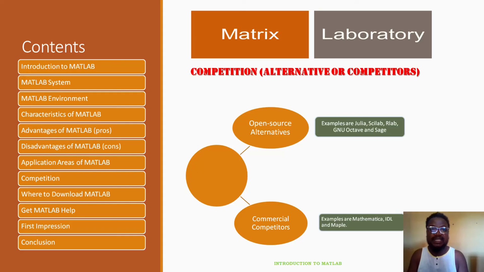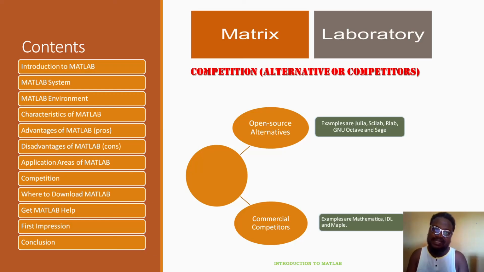While the commercial competitors are sold to users. Examples are Mathematica, IDL, and Maple. Mathematica has a symbolic computation program which has superior symbolic manipulation, making it popular among physicists.